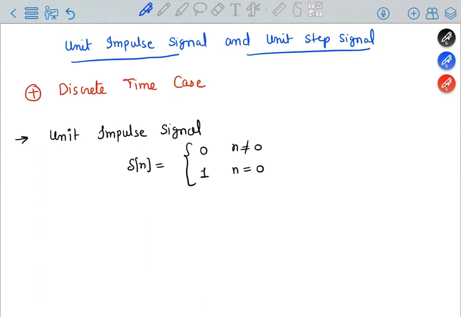We will plot a graph. Here this axis represents the n value. For n equal to 0, it will take a value of 1, and for all other values of n, the value will be 0. These are the values 1, 2, 3 and so on, and these are the values -1, -2, -3 and so on. So this is the definition of the unit impulse signal.